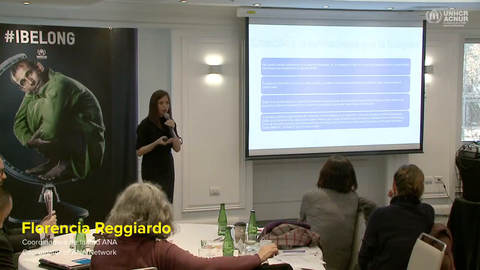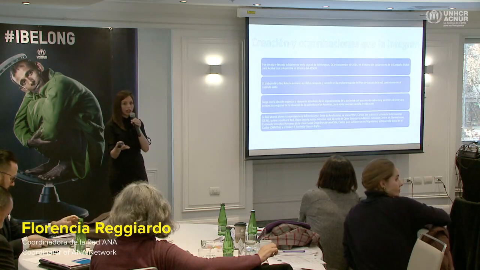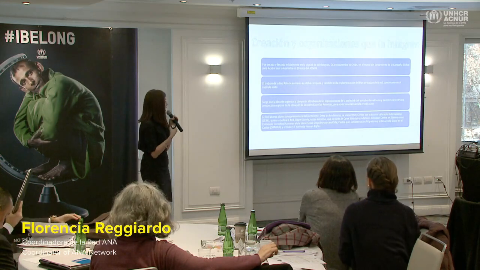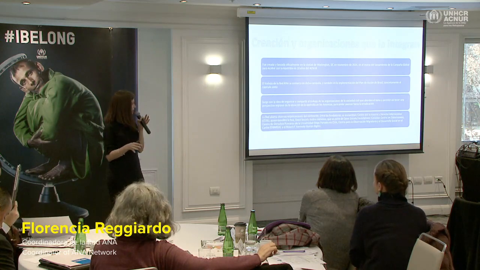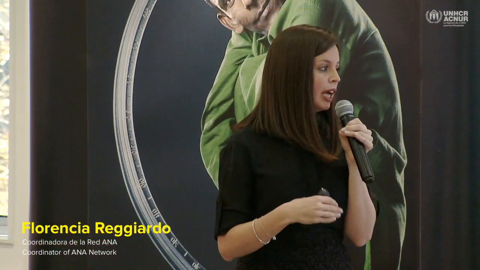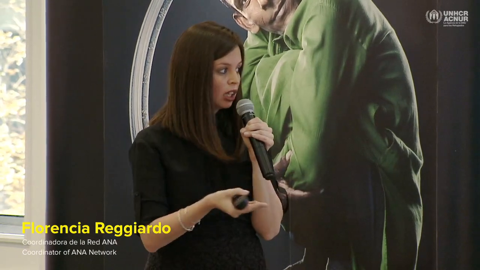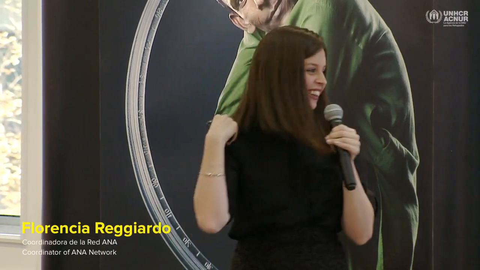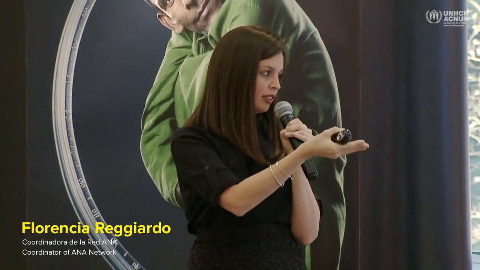The network has been incorporating many organizations around the continent in the almost 4 years since it was created. Membership has been growing, and now it is around 70 organizations involved in this. Among some of the organizations that created the network, we have CEJIL, the Center for Justice and International Law, which coordinates the network.